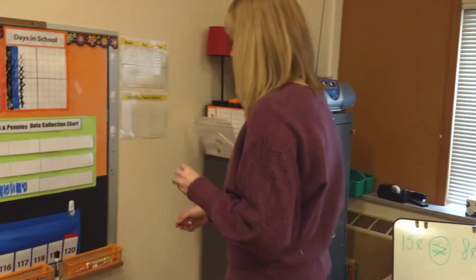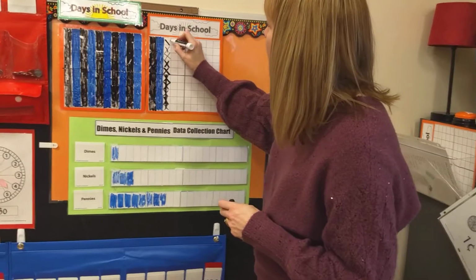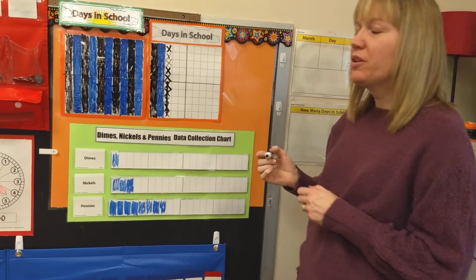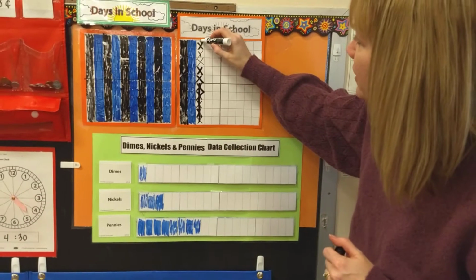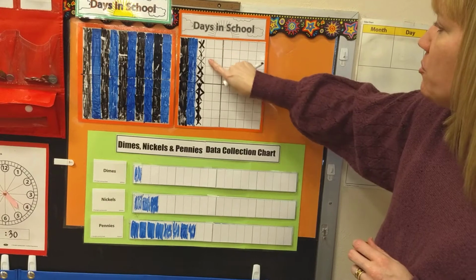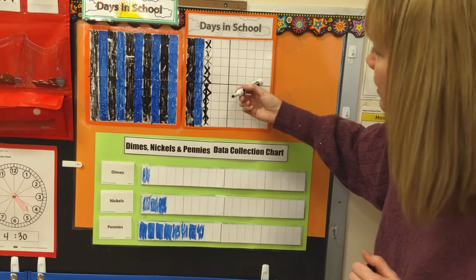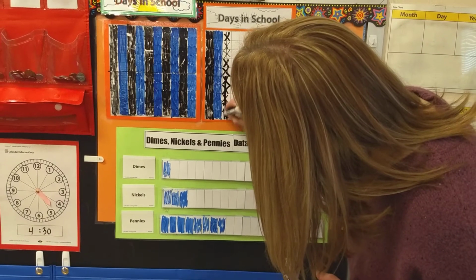All right, so let's add on to our days in school. So we are up to 130 days. So notice what happens today. We filled in another group of 10. So we've added another decade. So I put my line through my group of 5, and now I can color in my group of 10.